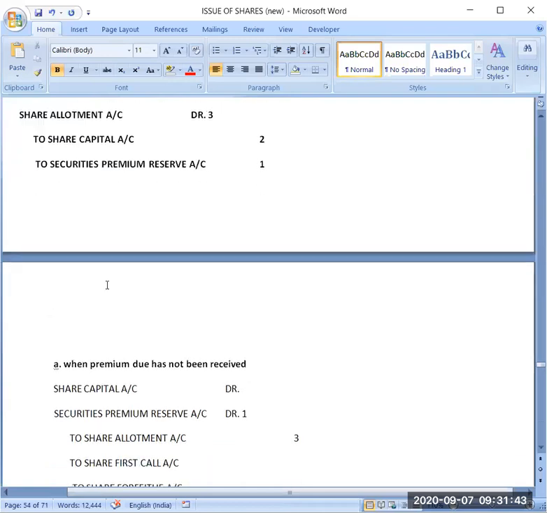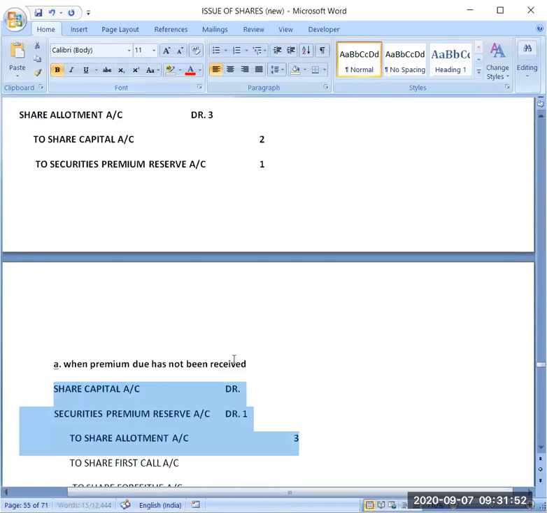If you see it clearly, I have just reversed this entry. Share capital account debit, securities premium reserve account debit to share allotment account. Now it's clear.